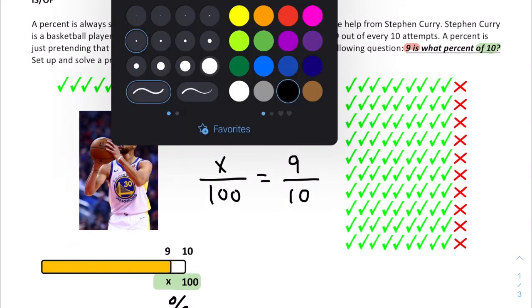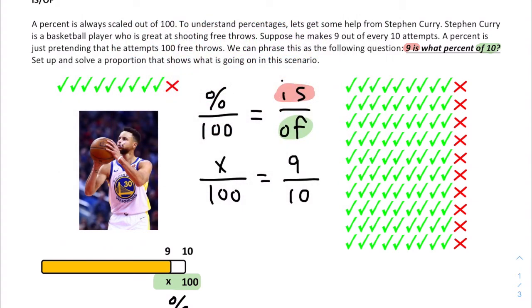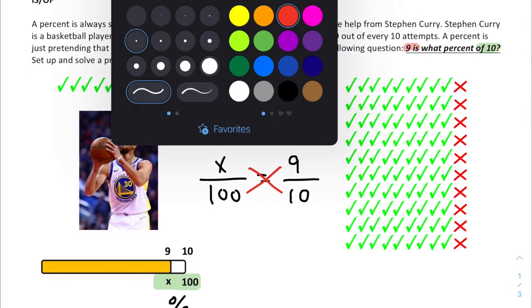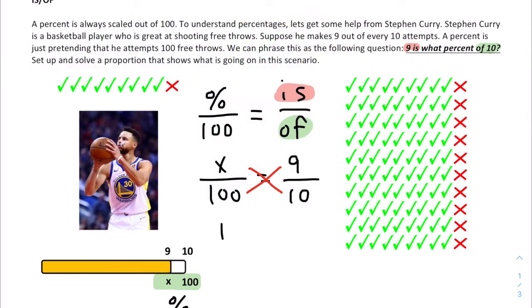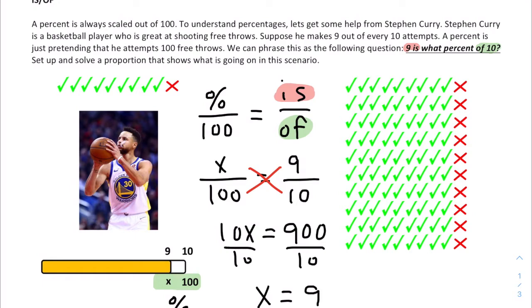And so then we can do our cross multiplying. Some people like to draw a big X that shows cross multiplying. So we end up with 10x is equal to 900. And then when we divide by 10, x equals 90. So the answer is 90%.